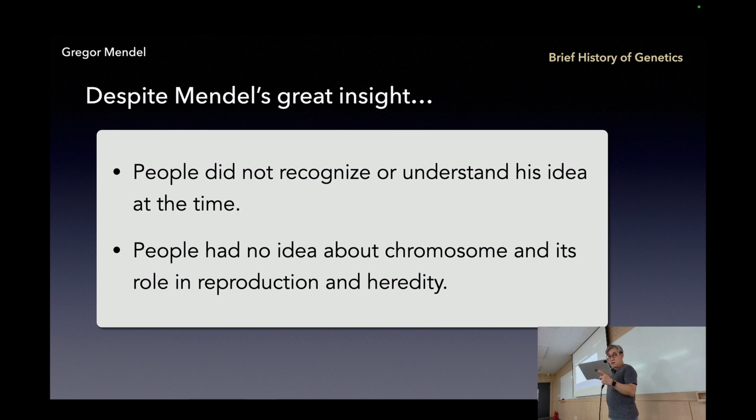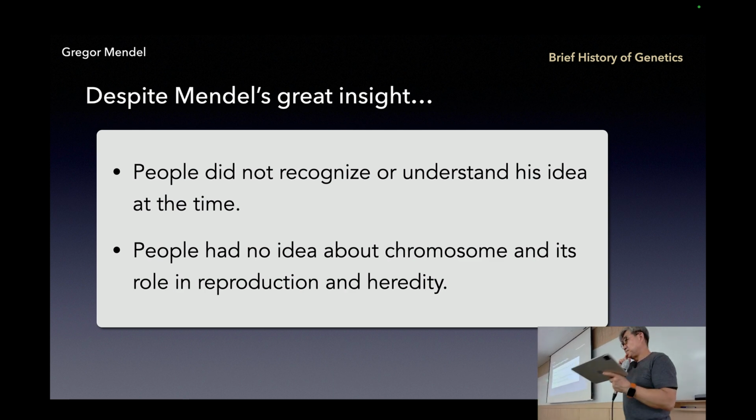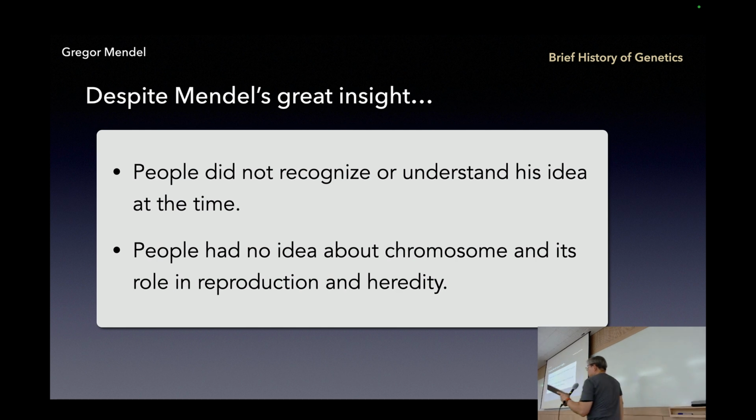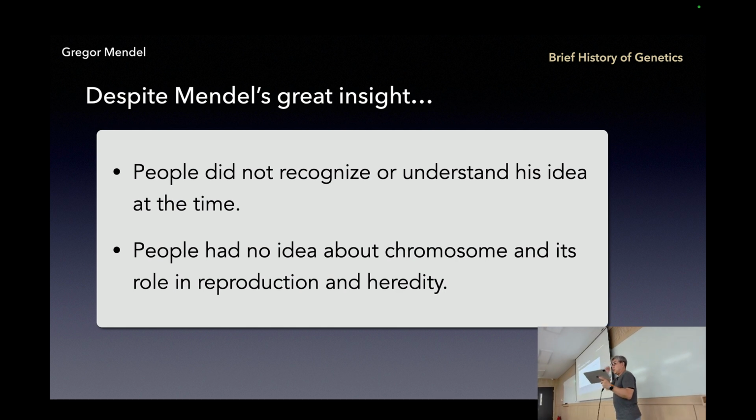Then, independently and without knowing Mendel's work, three different plant scientists discovered exactly the same thing, Mendel's law. Only afterwards did people eventually give credit to Mendel's work as the original founder of genetics.